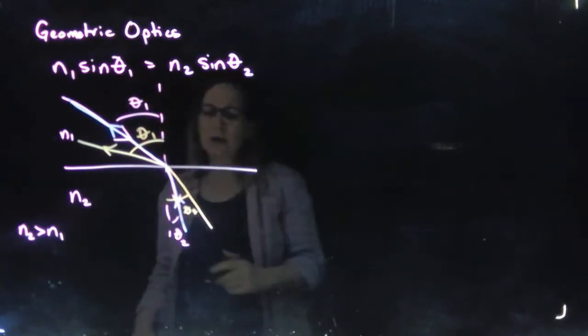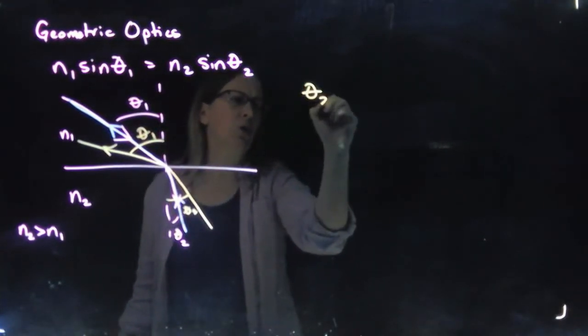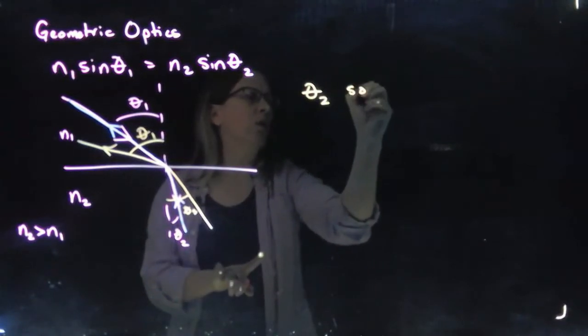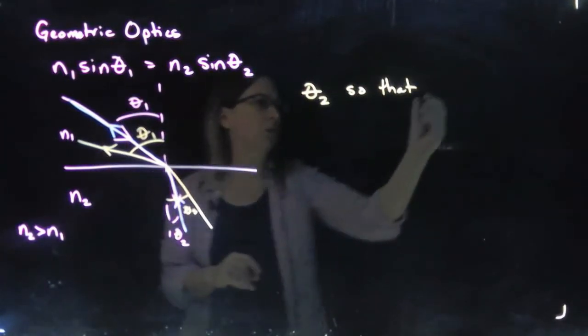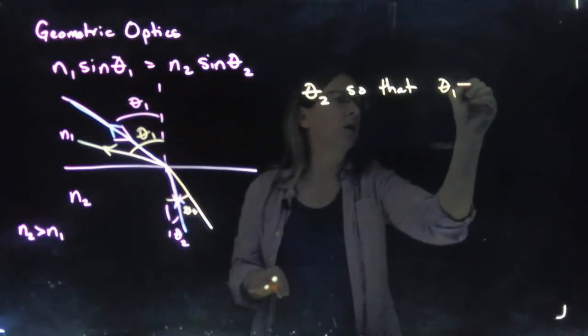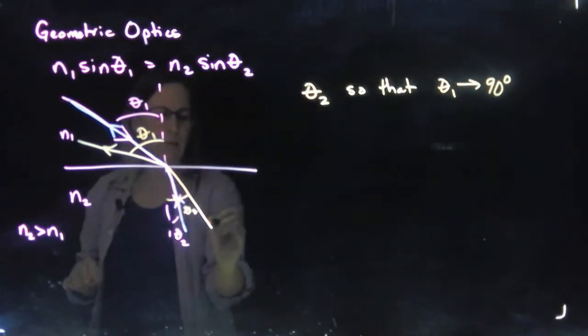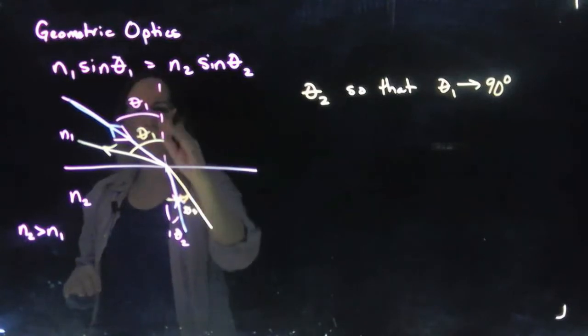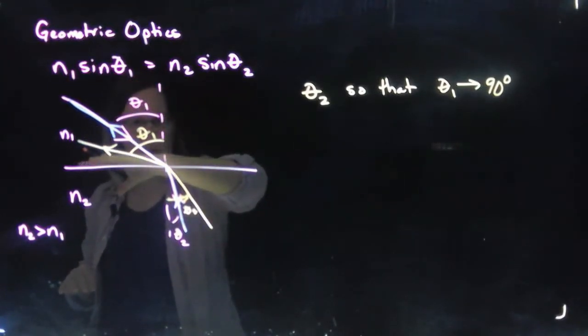There is a point at which we can set theta 2 so that we sort of reach a maximum, right? The maximum so that theta 1 goes to 90 degrees, right? Because as we keep increasing this, we're going to keep tilting this line further and further down.